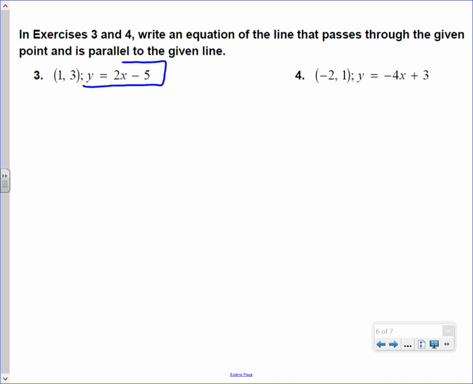Here's a given line on number 3, and here's a given line on number 4. They're saying, write an equation of a new line that's parallel to that line, but passes through this point.